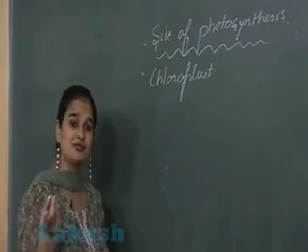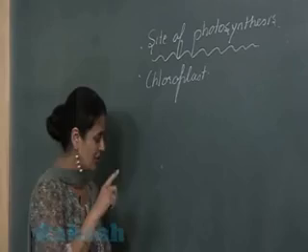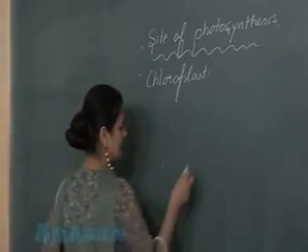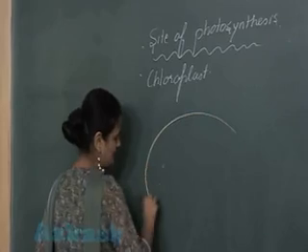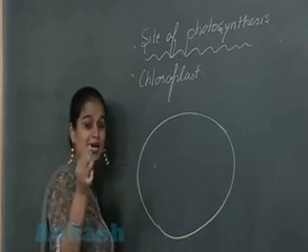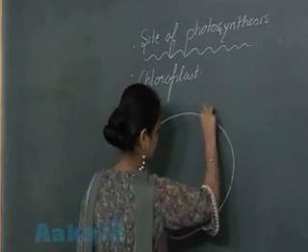Now the structure of the chloroplast I had discussed with you in the previous chapters, but briefly I am going to tell you the main points associated with it. Chloroplast is a cell organelle which is surrounded by an envelope consisting of two membranes.